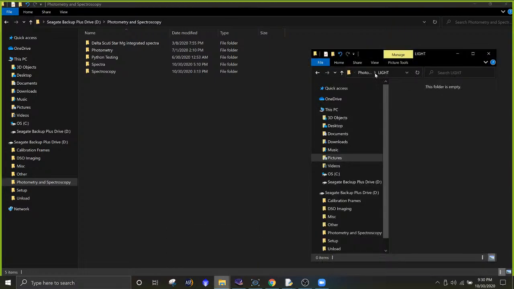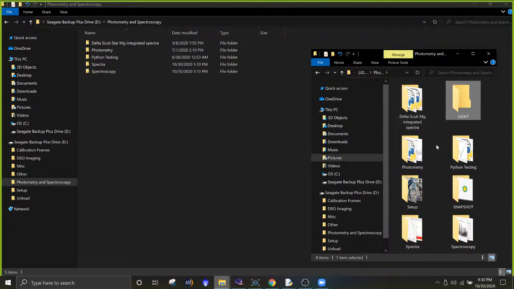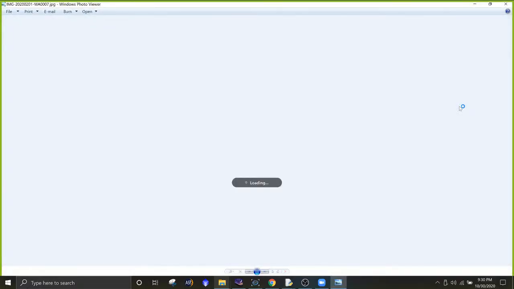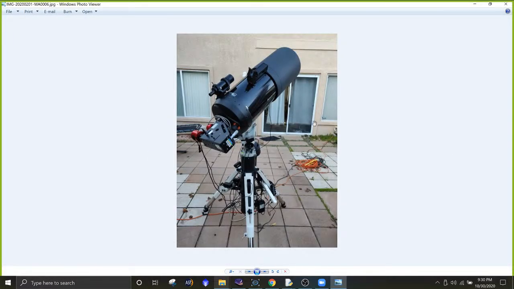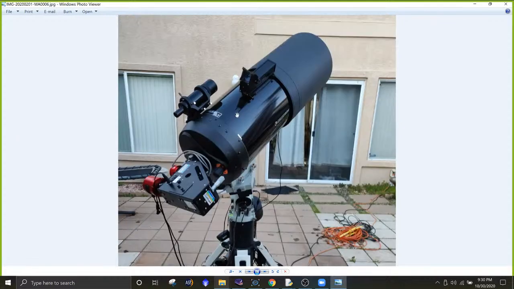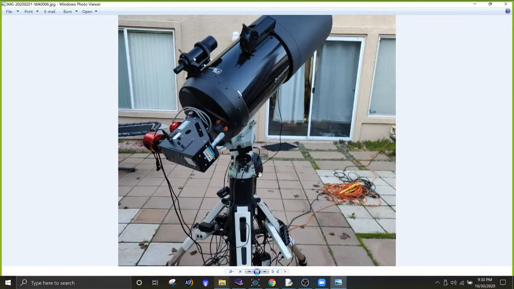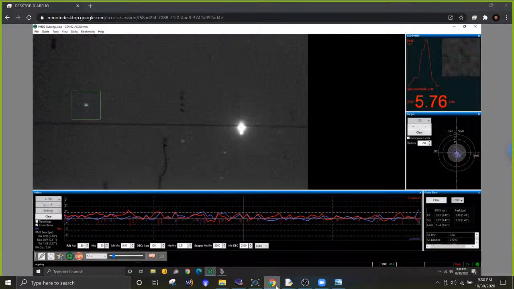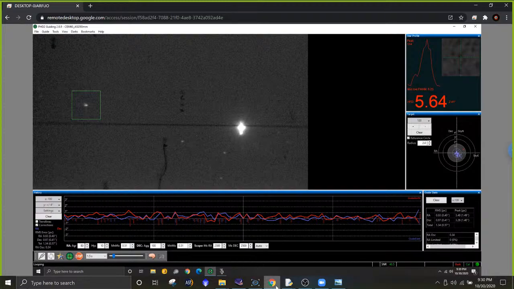Here's the image. Got him. There's the setup. This is from a year ago, but it's the same setup. This mount, we've got a spectrograph, a C11, dew shield, the monochrome camera, and this is the beast I have to use right now. So, do you have more or fewer wires than you had a year ago?